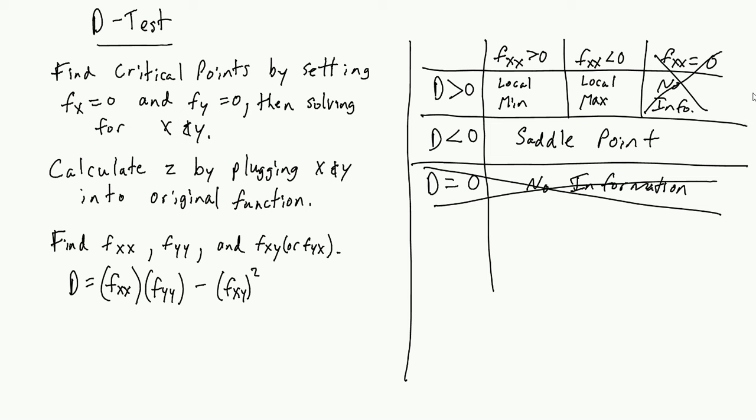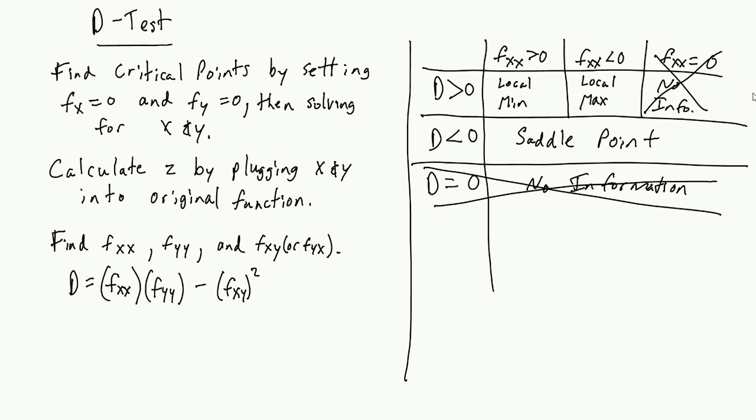We just don't go far enough to get into any of the other methods because obviously this is the end of the semester. So really you have three things to remember. If D is negative, saddle point. If D is positive and f double x is positive, local min. If D is positive and f double x is negative, local max. You're going to get a saddle point, a local min, or a local max.